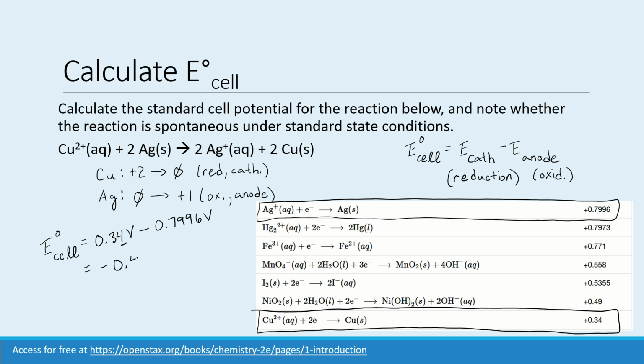And so we get negative 0.4596, and so that will, of course, round up to negative 0.46 volts for our final answer. And then they ask, is it spontaneous or not? So remember, spontaneous reactions have to give you a positive E cell value. And this is negative, and so we're going to say that this is non-spontaneous.